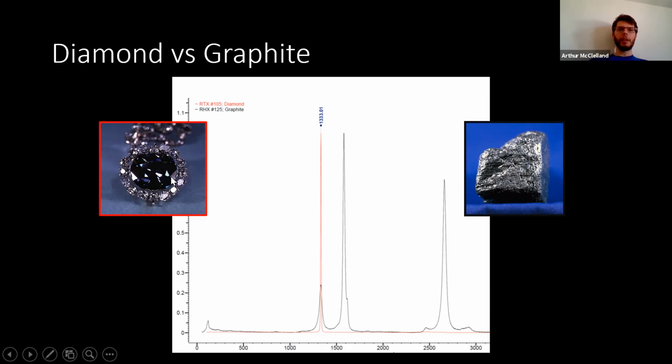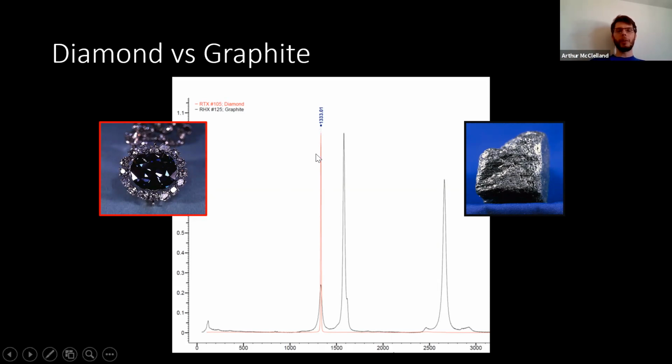But because now we're looking at the bonds, the specific bonds have different strengths. We know intuitively, diamonds are hard, so those bonds are strong. The graphite is weak, it comes apart easily, it has different bonds, different physical properties, different electronic properties, different optical properties, all arise from the differences in the crystal structure.